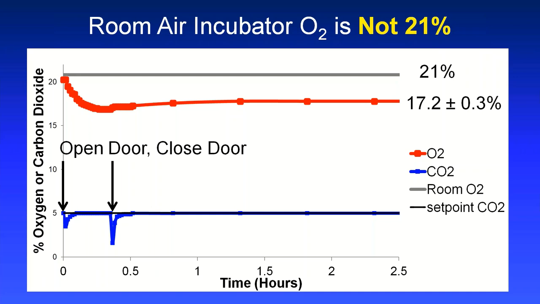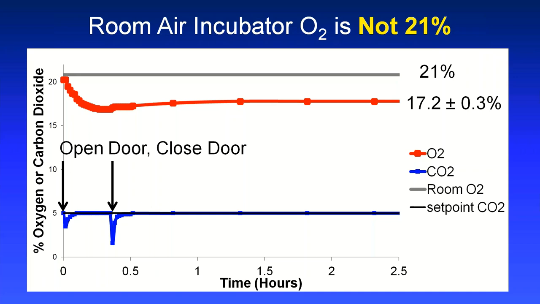So we did some tests where we actually took an oxygen sensor and set it in a room air incubator, and we did this in several different labs in different cities across upstate New York to see what the actual oxygen level is inside an incubator.